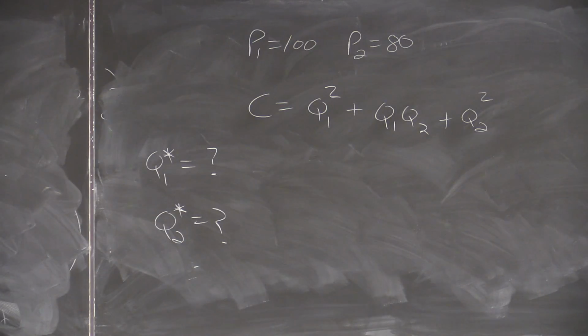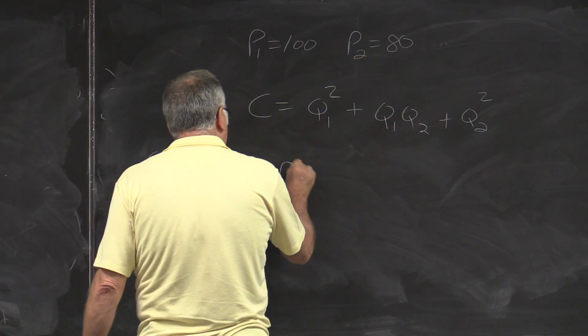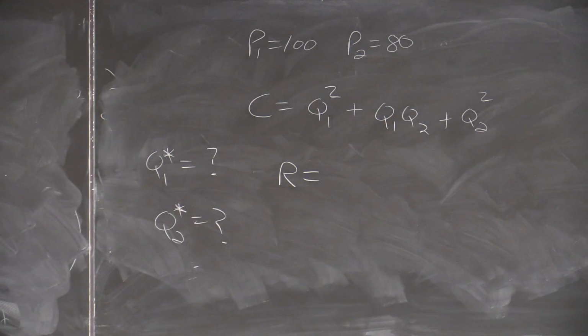Okay. Should we start with the revenue? What would the firm's revenue function be? Yeah, that's a good start, good suggestion. What would total revenue be? It's a little bit different because now the firm produces two products, not just one product as before.